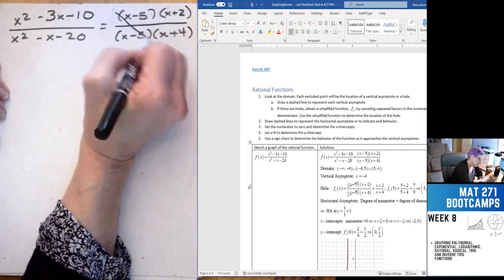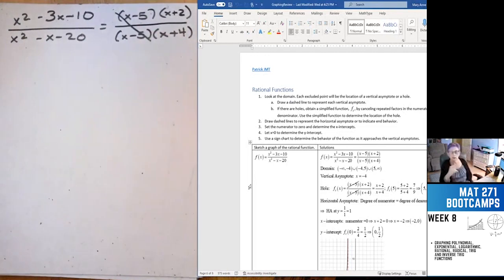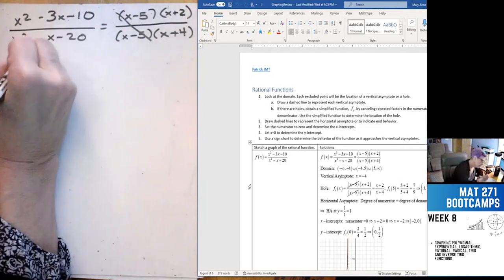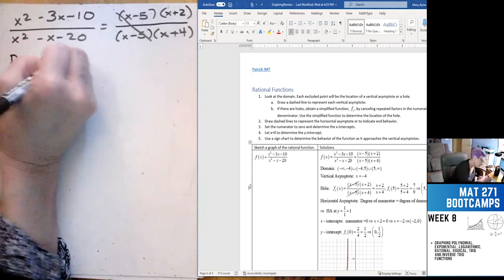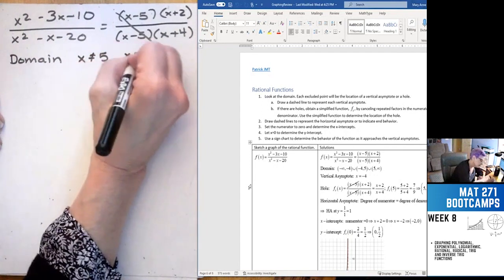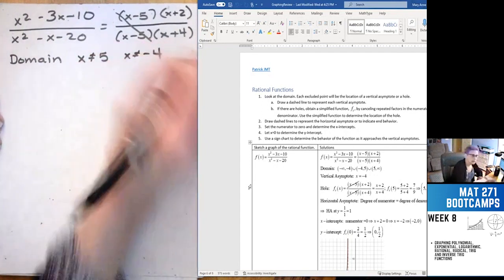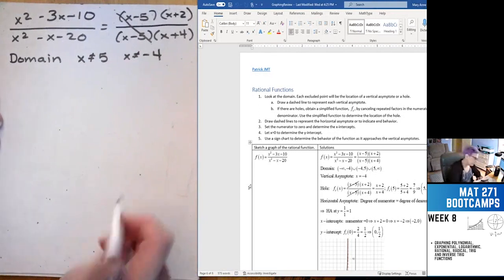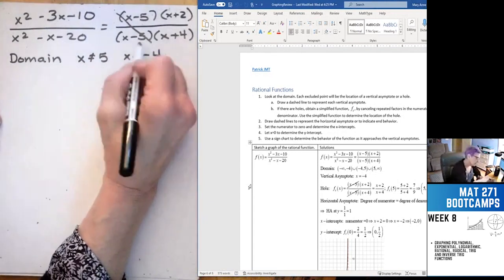So I notice that I'm going to be able to cancel those things. But just because I can cancel it does not mean that 5 gets to be in the domain. My domain is everything except 5 and -4.